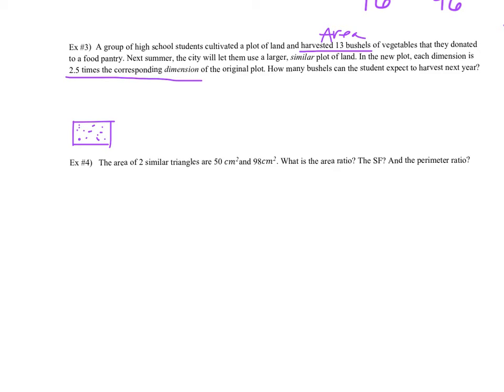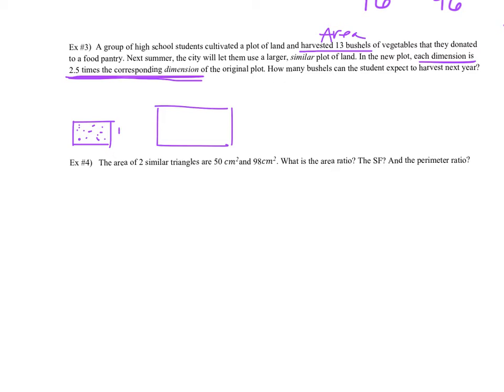Okay. Then it says, in the new plot, each dimension is 2.5 times the corresponding dimension. What is a dimension? The length of the sides, right? So if this is my original, and this is my new one, this is not drawn to scale, by the way.